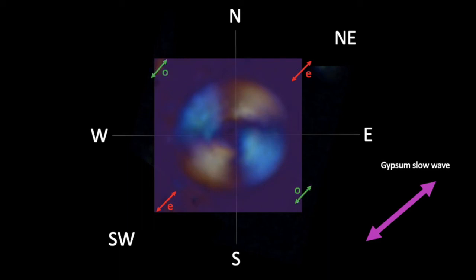On the other hand, blue means that retardation increased, retardations added. So, in this case, the rays of calcite that are aligned with the slow gypsum ray are of the same nature. So, it's the slower ordinary ray of calcite that is vibrating in the northeast-southwest direction of this quadrant.